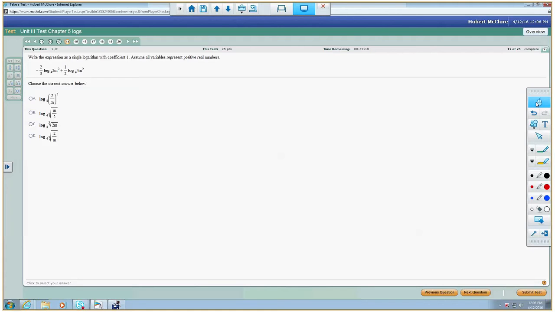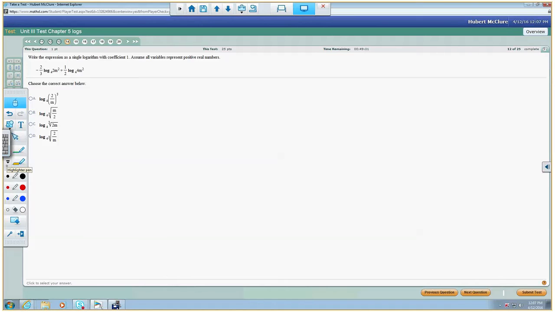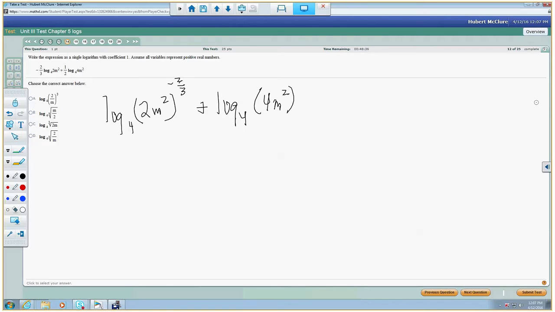I'm going a little faster this time though. All right, so y'all help me out. We're going to raise this up, so that'd be log. Okay, let's play with the jigger. So log base 4 2m squared to the negative 2/3 plus log base 4 of 4m squared to the 1/2.